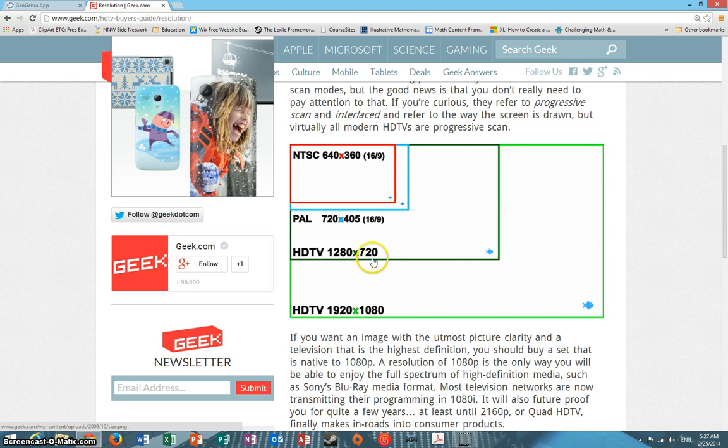If you've got a 720 TV, 720i or 720p, that is where the number is from here. The 720 is your vertical lines of resolution, and the 1280 is how many lines you have going across.